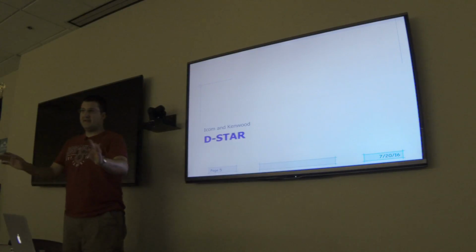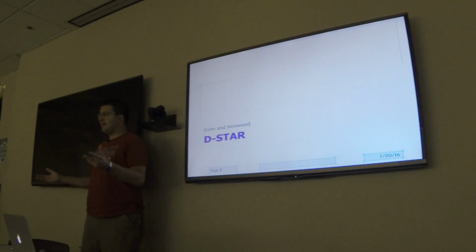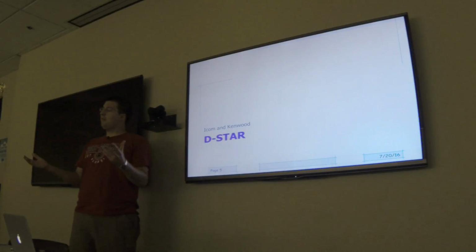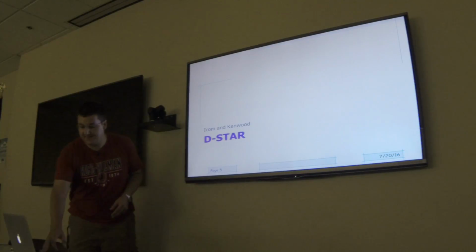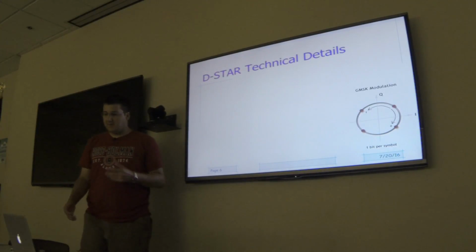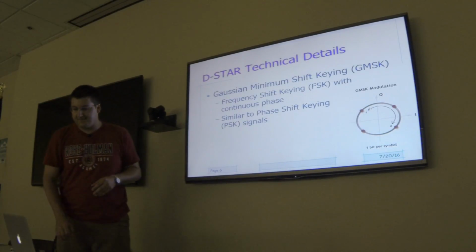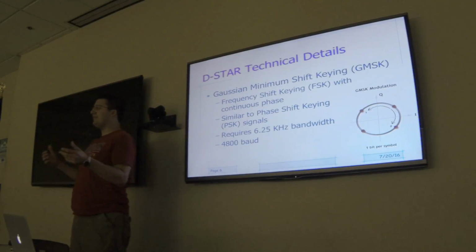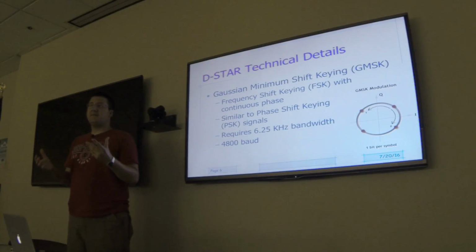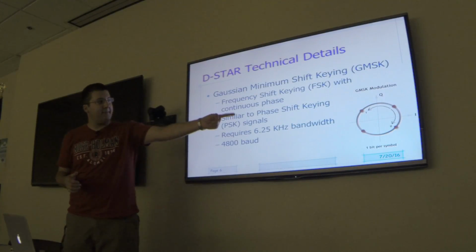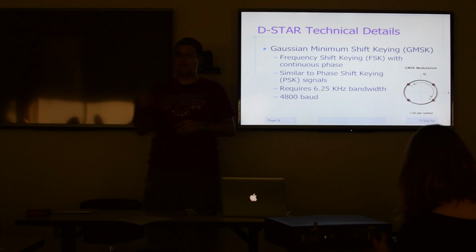So we'll first quickly dive into DStar. This open standard has been around the longest for amateur radio and is heavily adopted by ICOM and Kenwood. So what is DStar? It's a Gaussian minimum shift keying. Probably way over the head of most people in here. Essentially what this means is your signal operates around the I and Q circle, the real and imaginary circle.